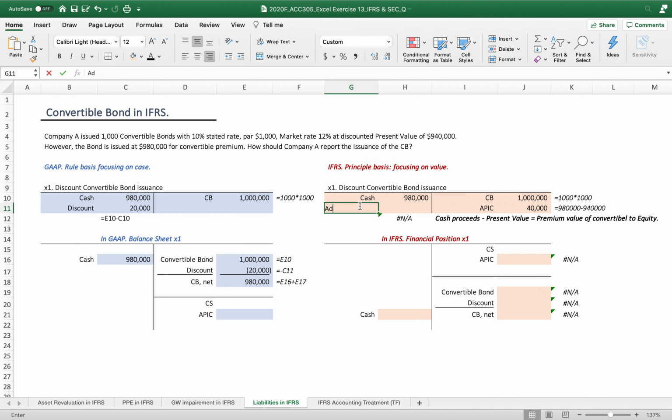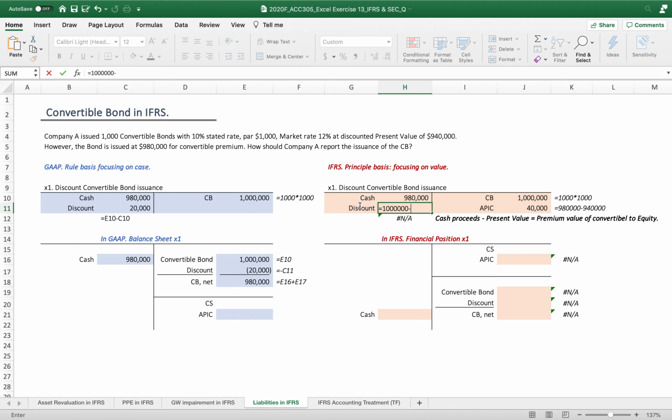Then, how much is the discount? Discount should be from a million, which is par value, minus the present value. That is the principal amount, right? Principal means that when you calculate the book value, the par value minus discount is the discounted present value of this bond.